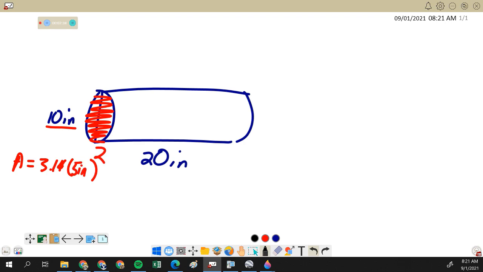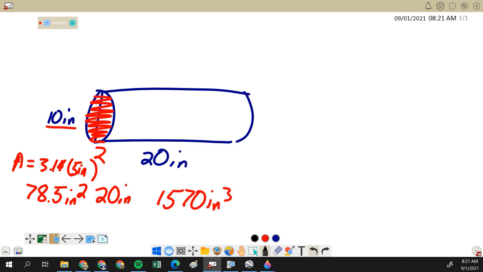Squared. So that ends up being 78.5 square inches. And then we're going to stretch that area out 20 inches. So I multiply this by 20 inches, and I get 1,570 inches to the third.